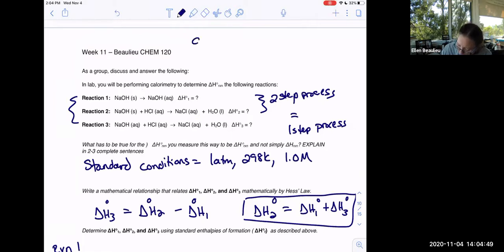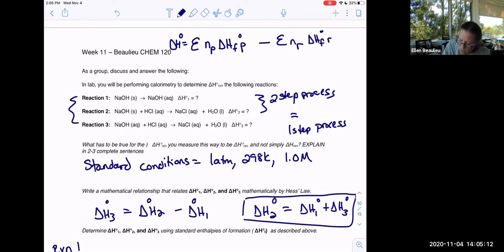I'm going to put up the formula from pages 6 and 7, which says delta H naught is equal to the sum of the moles of the products times the delta HF of the products minus the sum of the moles of the reactants times the delta HF of the reactants.